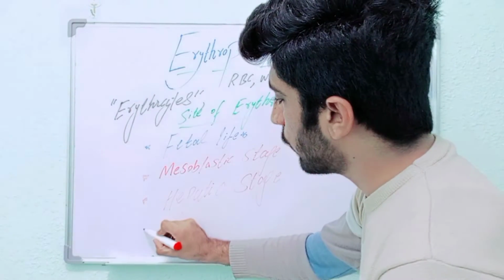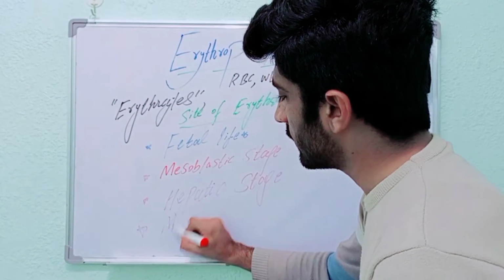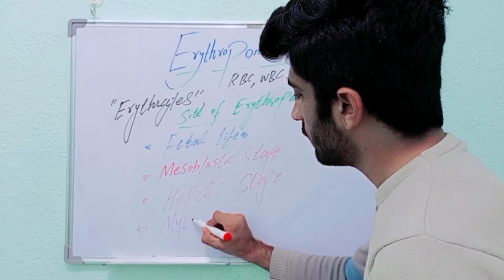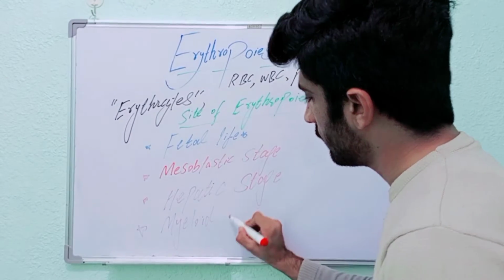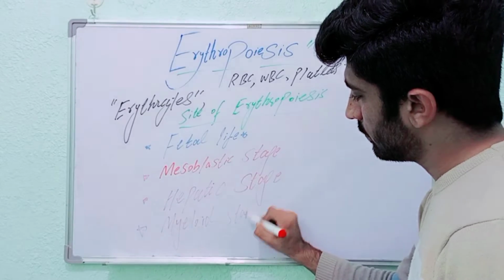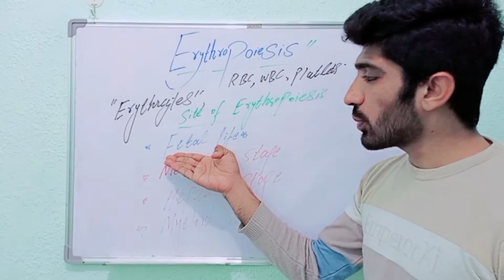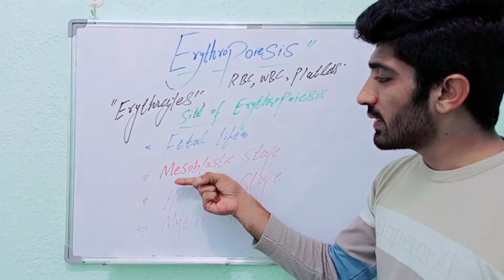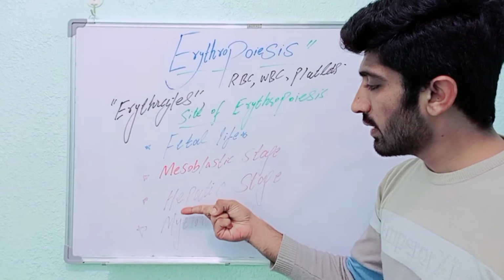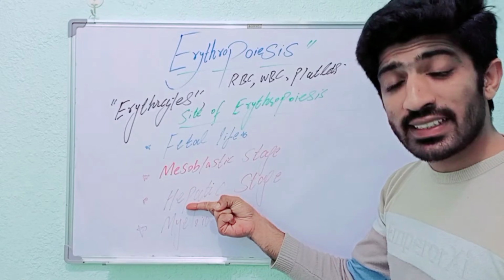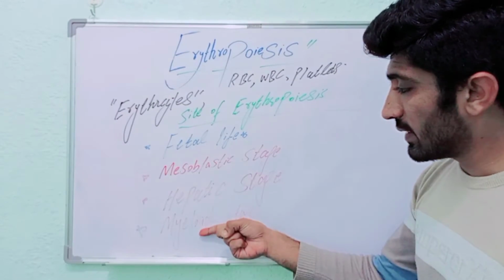And the third is the myeloid stage. So the process of erythropoiesis in fetal life takes place in three stages: first is mesoblastic stage, second is hepatic stage, and third is myeloid stage.